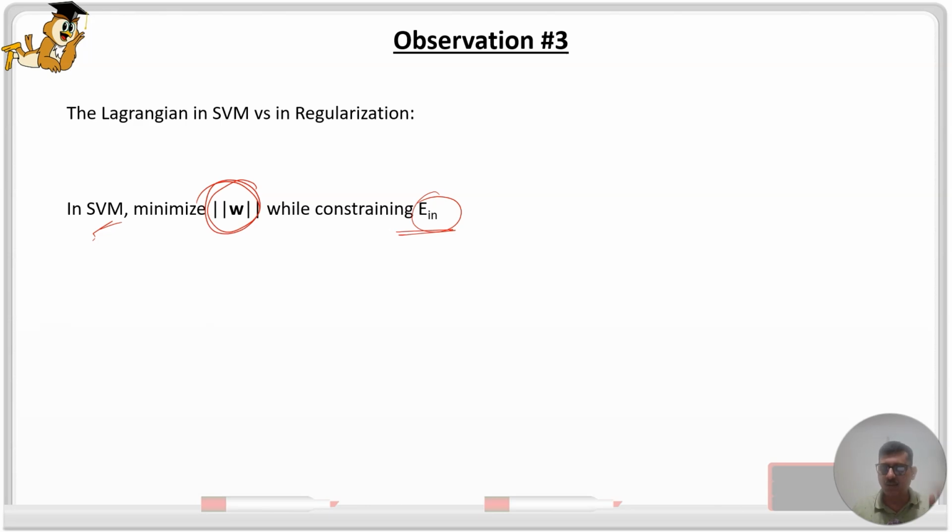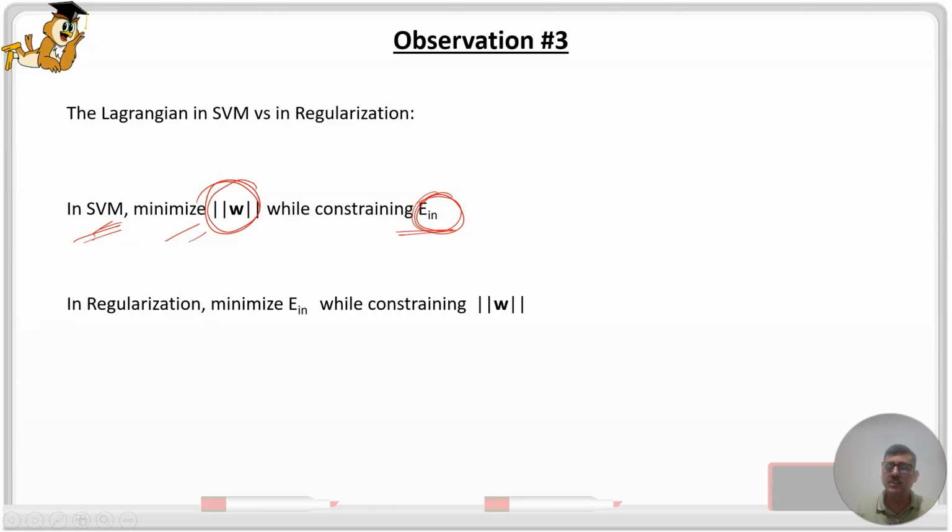We said that the hyperplane that we found should classify all the training data correctly because the data is separable. So we constrained E in to be actually 0, and we minimized the norm of W. That is what we did in SVM. Now, what did we do in regularization?